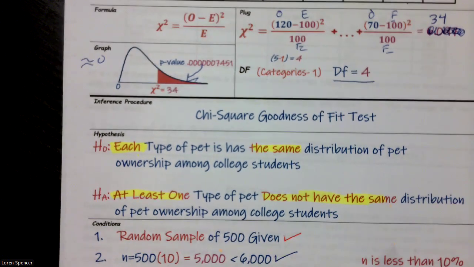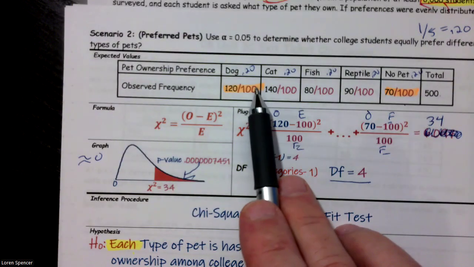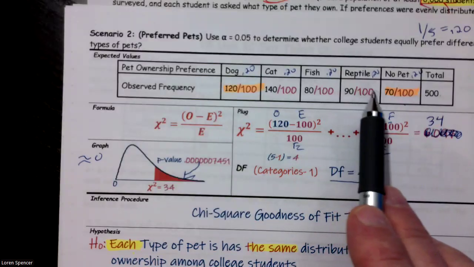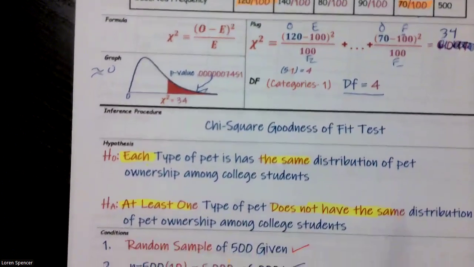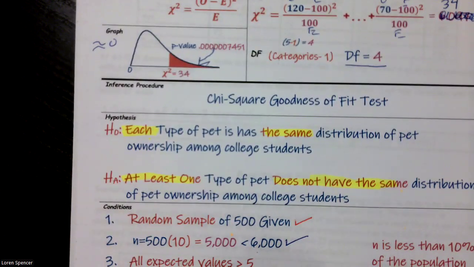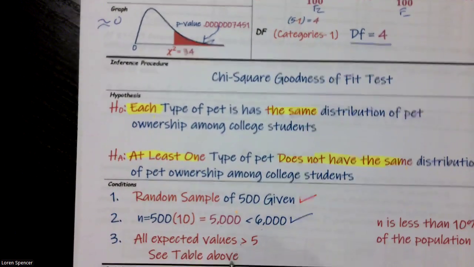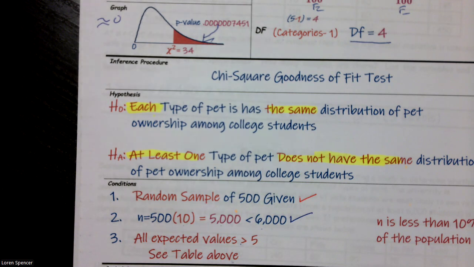The next one, we have to make sure our sample is big enough. To do that, our expected values all have to be at least 5. In this case, our expected values are 100. All expected values greater than 5, see table above.